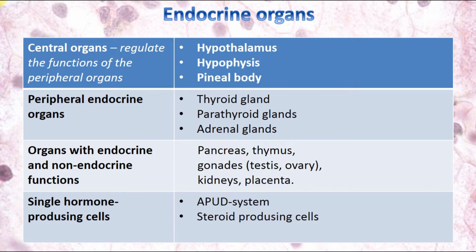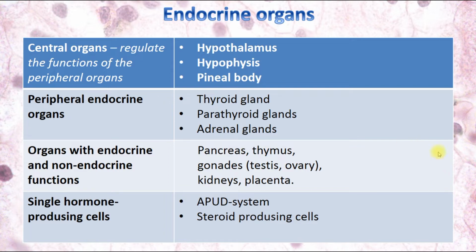We have central organs, which regulate functions of some peripheral organs: hypothalamus, hypophysis, and epiphysis or pineal body. They have close relationships with the nervous system. They are literally part of the brain, and they provide communication between the nervous system and the endocrine system, and they also regulate some peripheral endocrine organs.